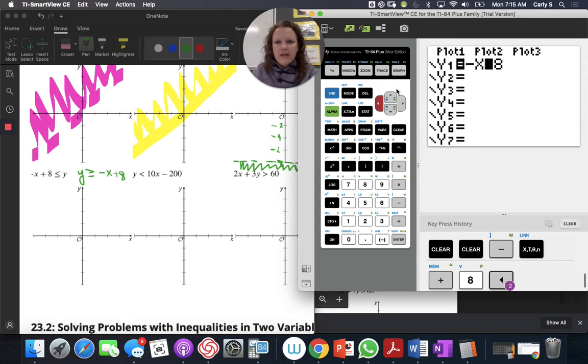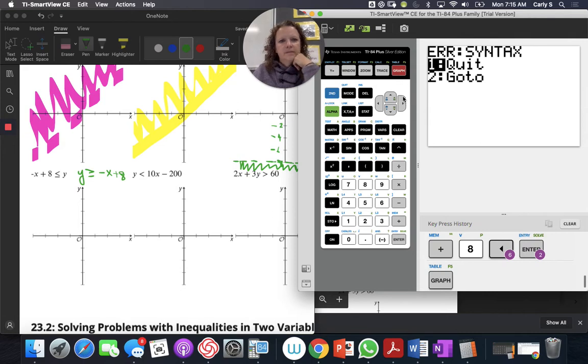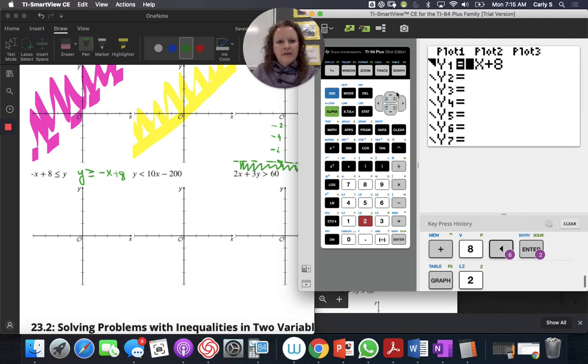Come over here to the shading, and I am greater than, and graph. Uh-oh, what did I do? Oh, that is the wrong negative. I do that often in my simulator here.